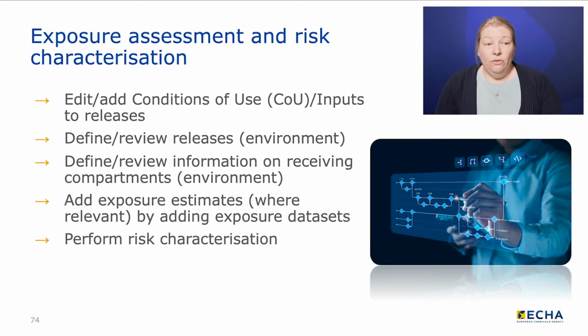The next step is to define for the environment the releases, or to review the defaults that have been provided there. Third step, also only for the environment, is to define or review the information on the receiving compartments. And then once that is done, you can add your exposure estimates by adding exposure datasets. And as a last step, you perform your risk characterization.